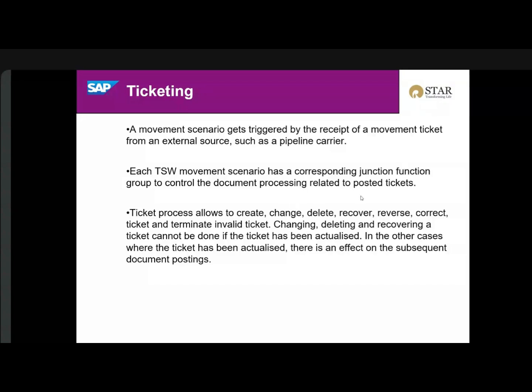Before actualization, we can do the changing, deleting, recovering. Where the ticket has been actualized, there is an effect on subsequent postings, because once you actualize, the subsequent documents are posted. That is why it does not allow further changes in the ticket after actualization.